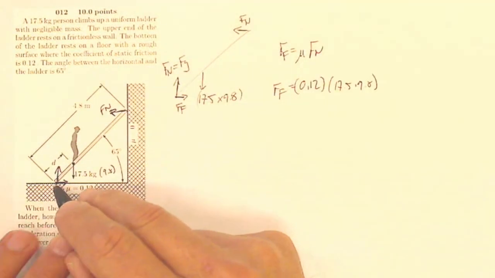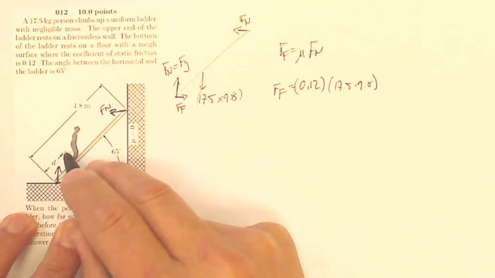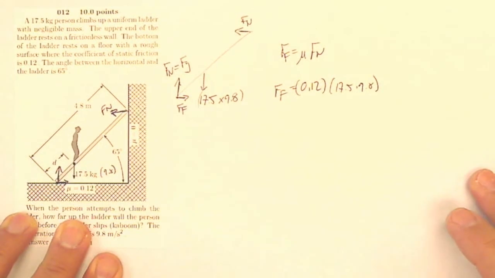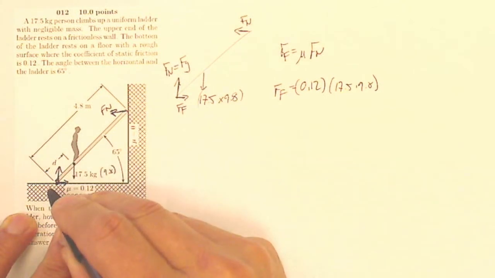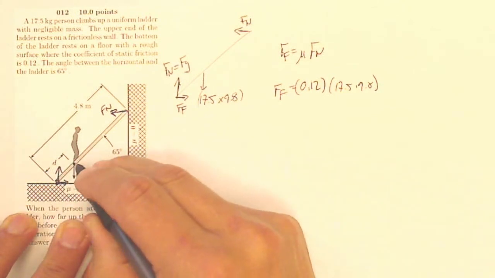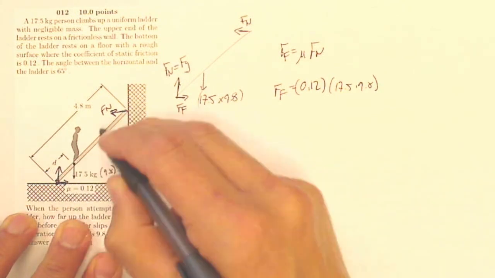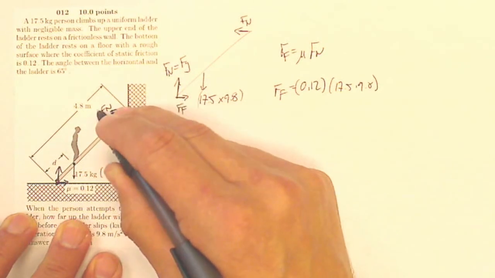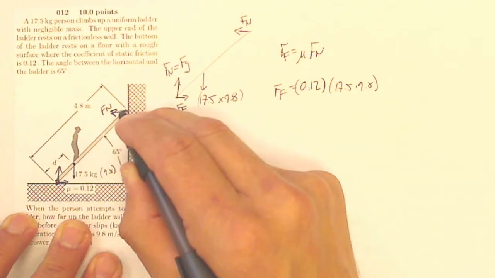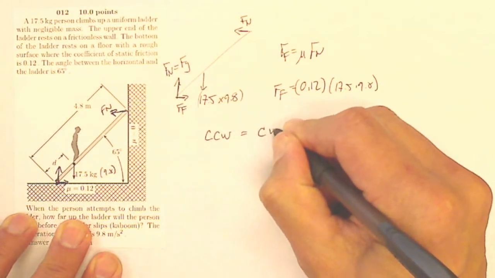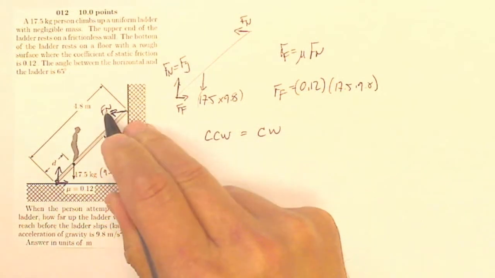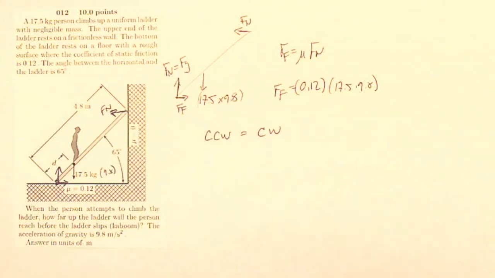But I'm going to pick this bottom point because this distance is what I'm looking for, so that'll make my math slightly easier. If I pick the bottom point as the pivot point, then the gravity on the person is a clockwise torque. This normal force is a counterclockwise torque, and I've just got those two that I'm dealing with. So I'm going to have counterclockwise equals clockwise. Counterclockwise is going to be this normal force up top, so I should maybe call that the force of the wall.